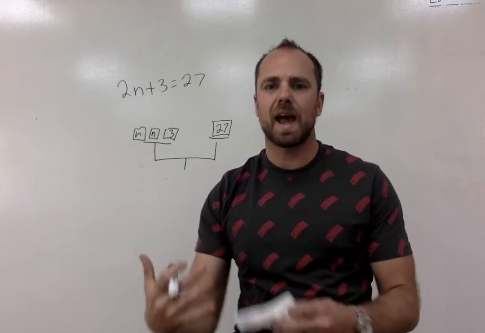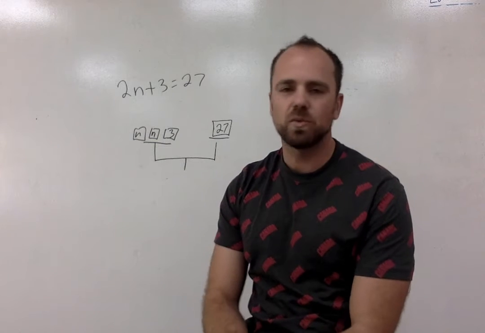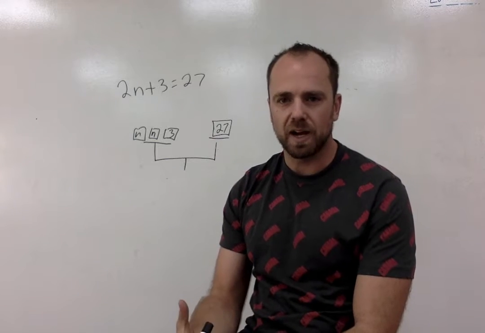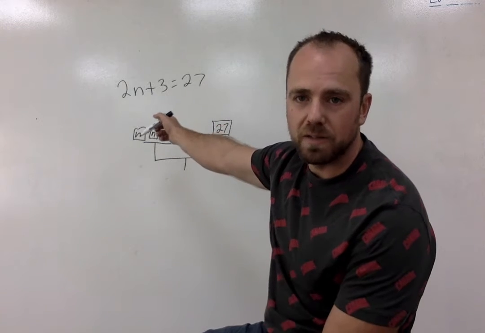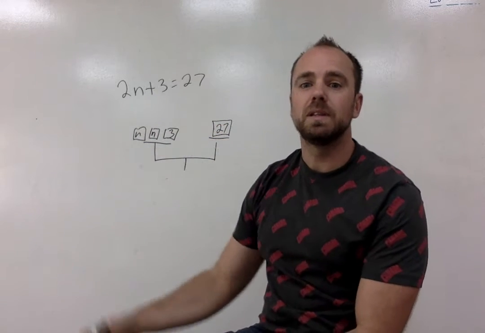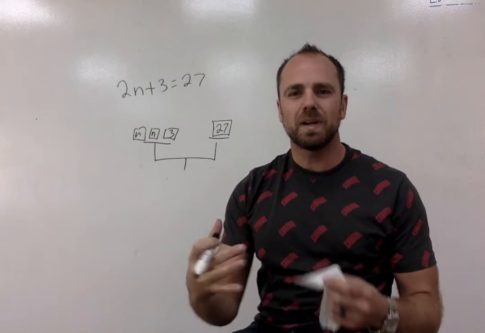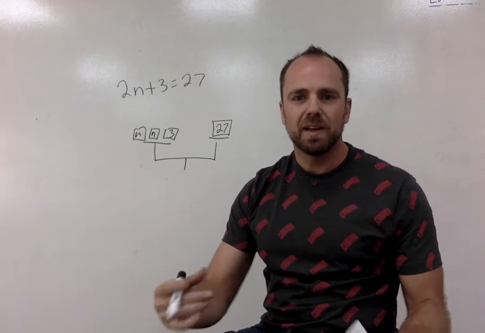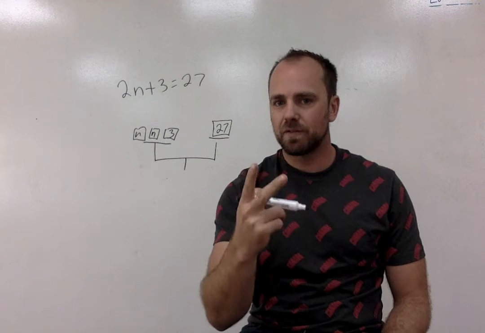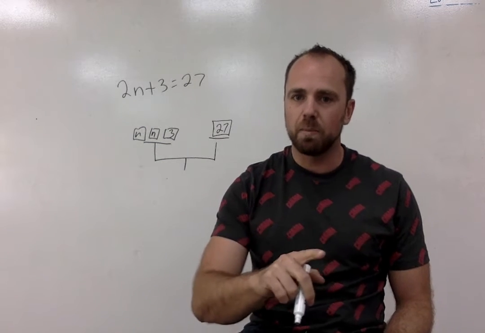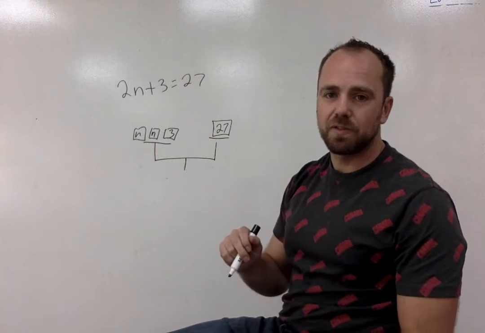So what's actually happening here? Similar to when we were using the integer tiles, I have a positive 3. I want to try to eliminate that positive 3. So what can I do? I can take this 27 and break it up into two different weights, one of them being the positive 3.